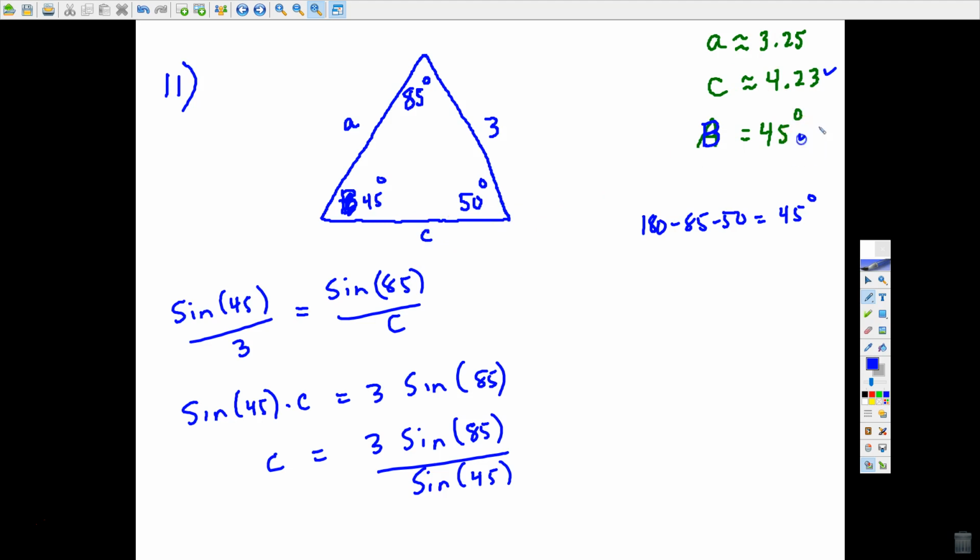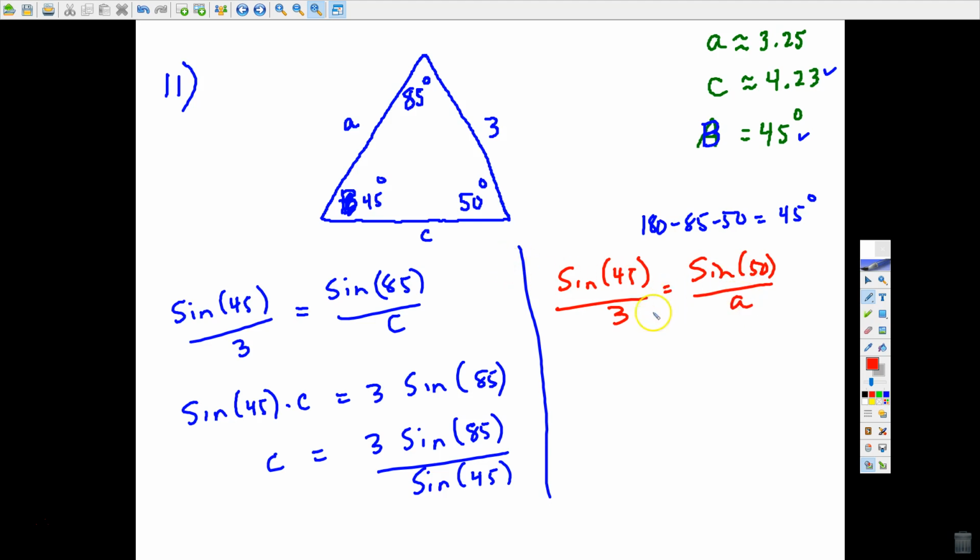And then the only thing left, using law of sines again, is to find this missing side over here. So once again, I'm going to use unrounded side lengths. So I'm going to do sine 45 over 3 again. This time I'm going to do sine 50 divided by A. Okay, and just go through.